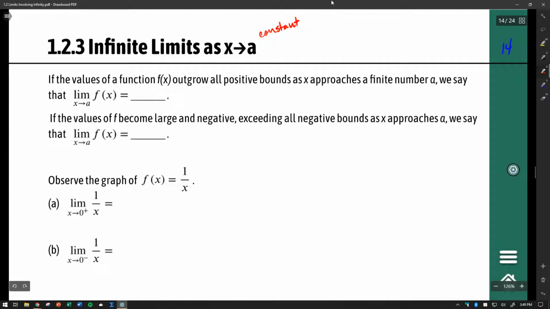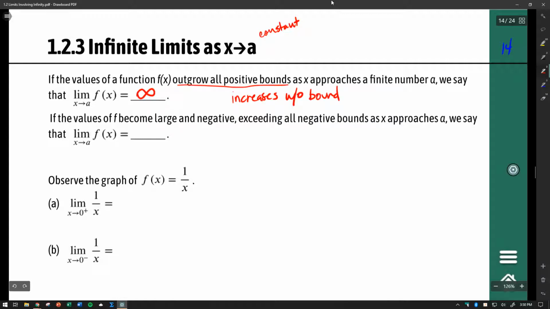If the values of a function f of x outgrow all positive bounds as x approaches a finite number a, we say that the limit as x approaches a of f of x is infinity. So outgrow all positive bounds. Another way to say that is increases without bound.